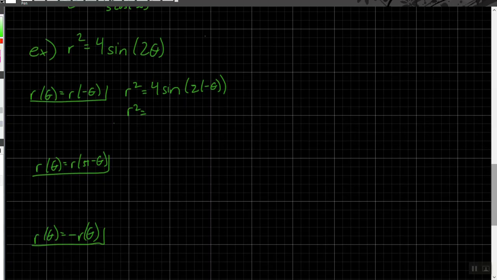We're just plugging in negative theta. Same thing, sine of negative 2 theta. Because it's an odd function, that negative comes out front. So we have negative sine of 2 theta.